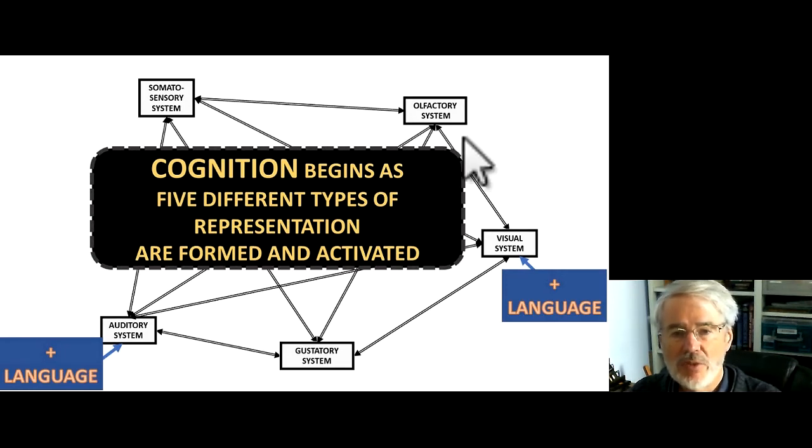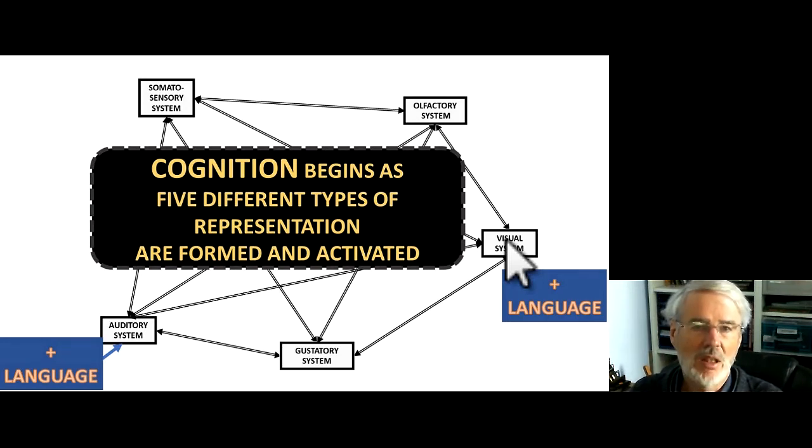We've got 5 different types of representation, each created by an independent system, and these are intimately connected, as I've described before. And it so happens that along with all the other visual representations we create, there are some which do have a function as language, although the visual system does not know this and makes no distinction between, let's say, the pattern made by a letter of the alphabet or a pattern made by a cat.